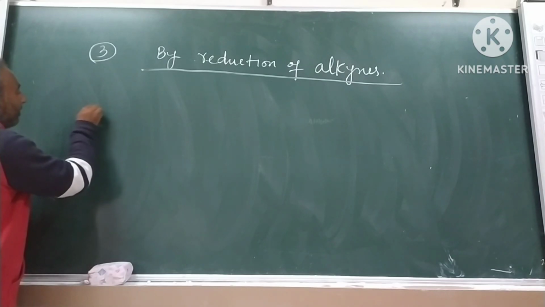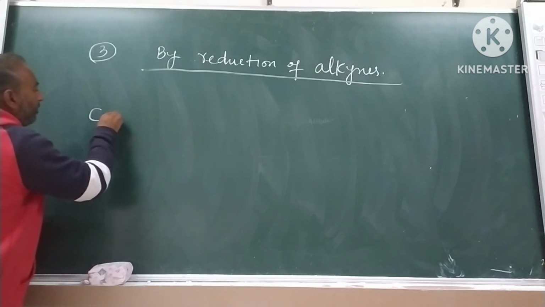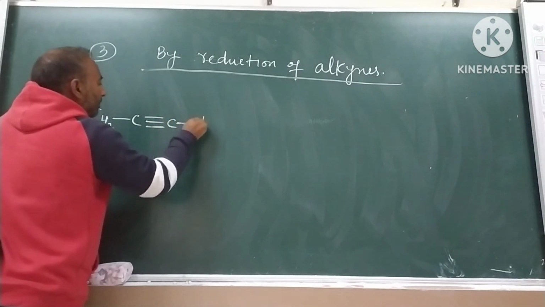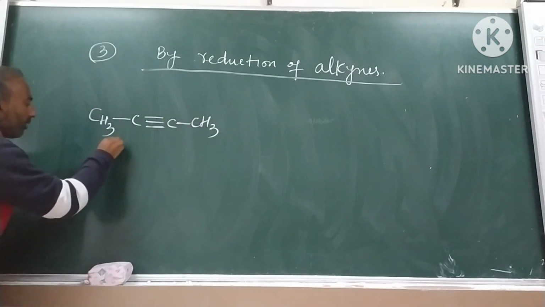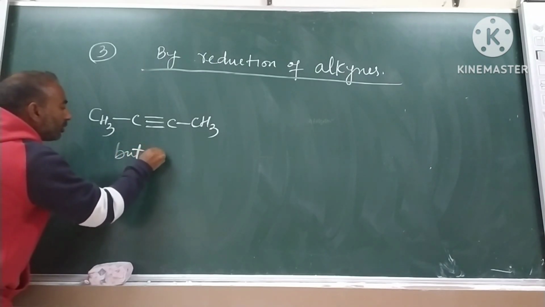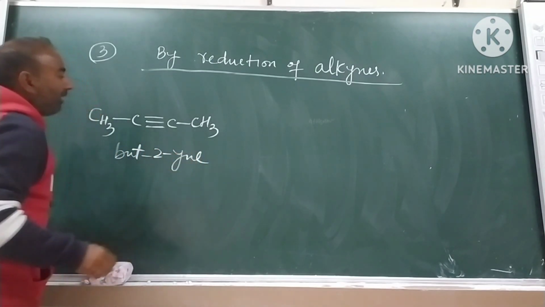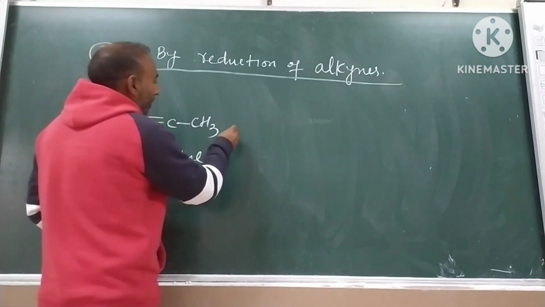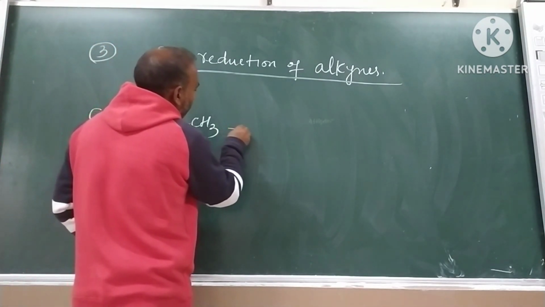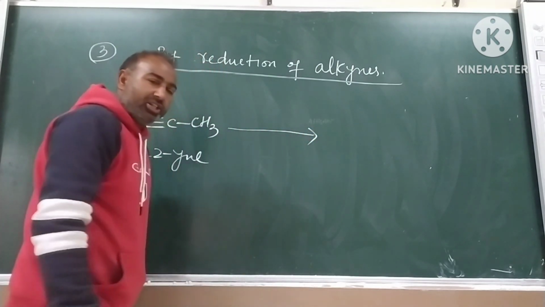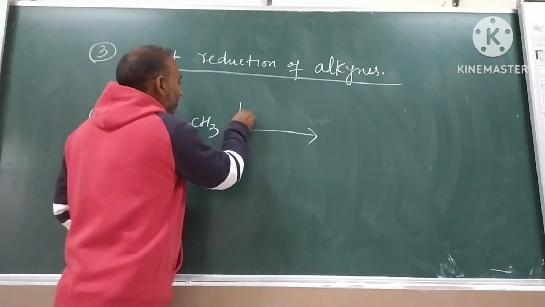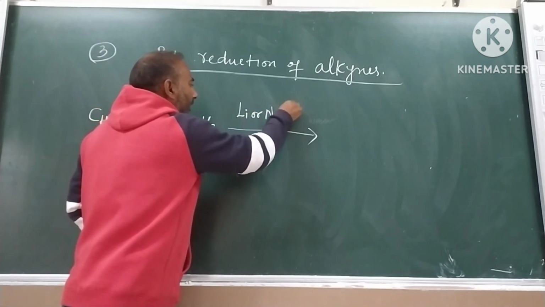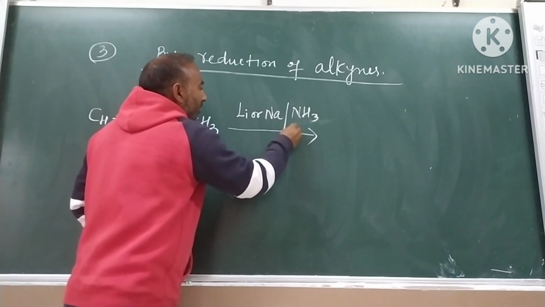You take this one, CH3C≡CCH3. This is an alkyne, but-2-yne. It contains a carbon-carbon triple bond. It can be reduced by a reducing agent, lithium or sodium, in liquid ammonia.